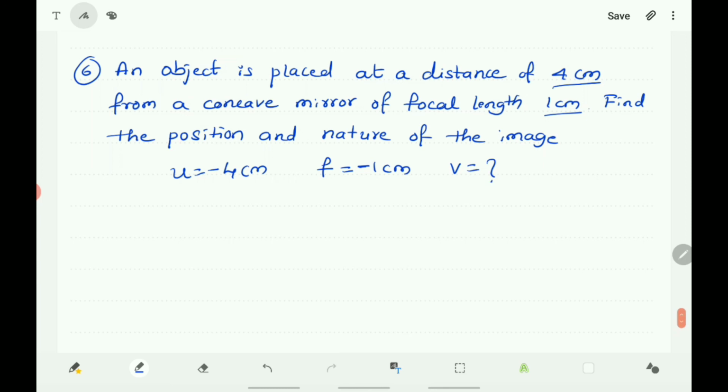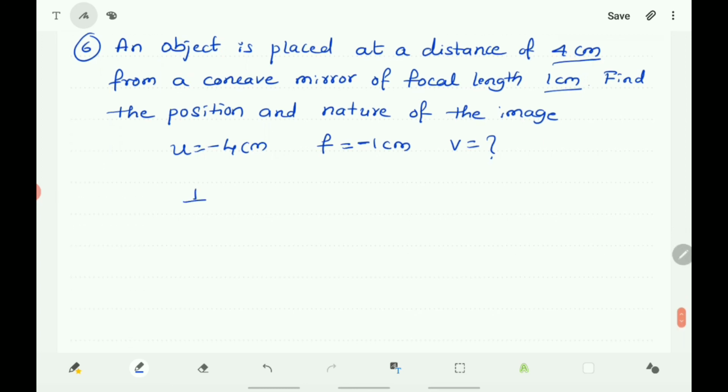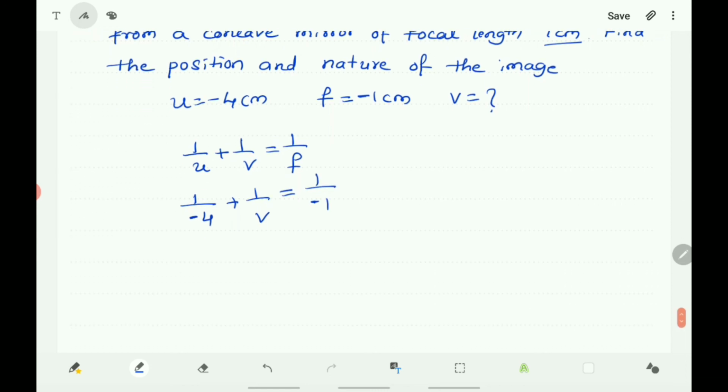Now you write the mirror formula, that is 1 by u plus 1 by v is equals to 1 by f. 1 by minus 4 plus 1 by v is equals to 1 by minus 1. That is nothing but minus 1 by 4 plus 1 by v is equals to minus 1 by 1.